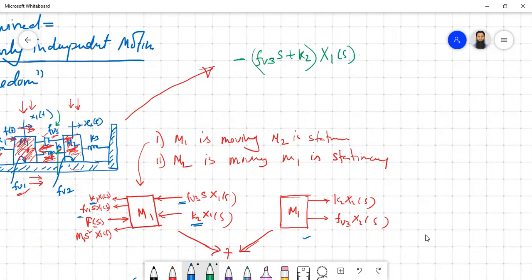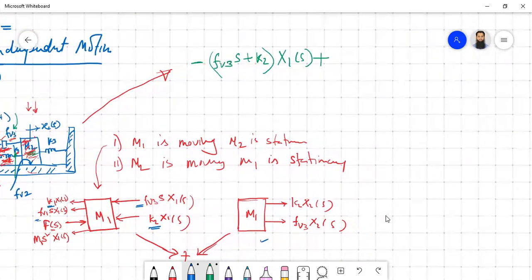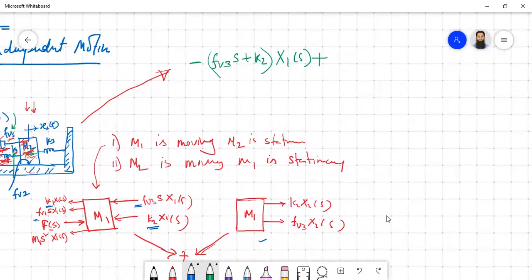Then writing for the own loop. So writing for this particular loop, what will be the scenario? The summation of all the impedances and the corresponding displacement. So all the impedances will be basically M2 S square plus, now what are the impedances we have? We have two springs, K2 and K3.